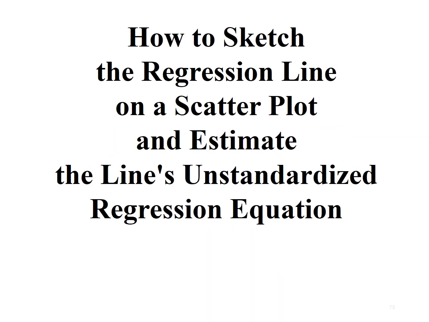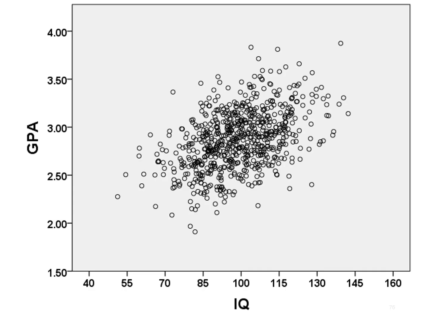So let's talk about the new material. Today we're going to talk about how to sketch the regression line on the scatterplot and estimate the unstandardized regression equation. So let's take this example. We have IQ on the x-axis and GPA on the y-axis.